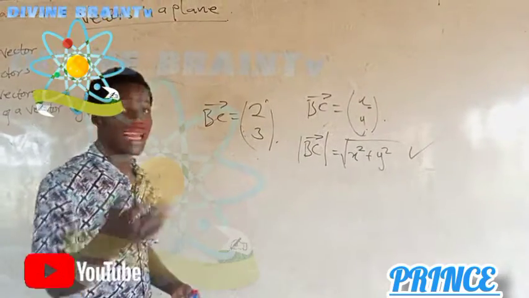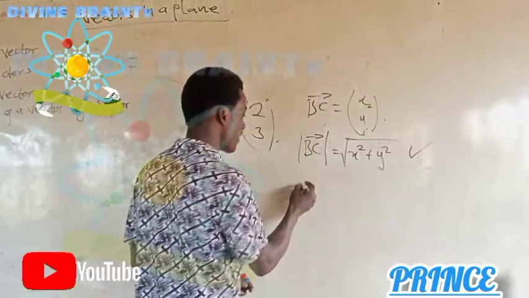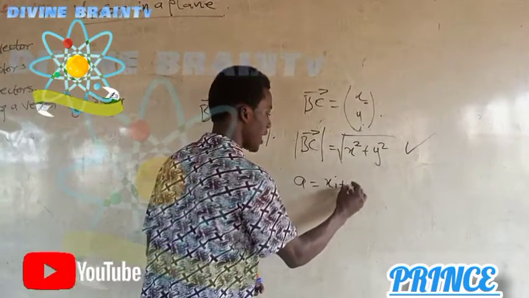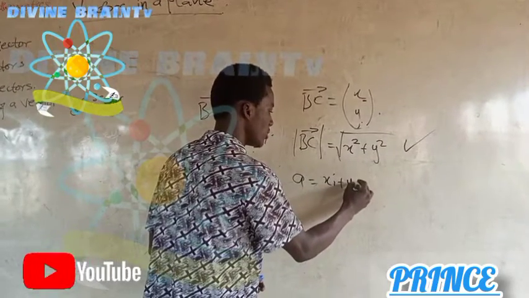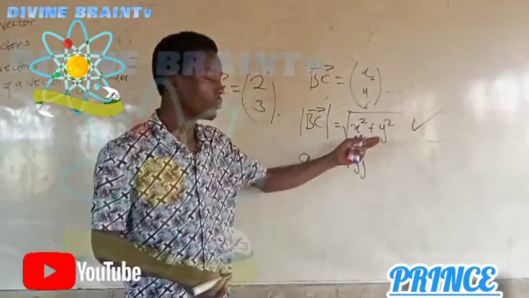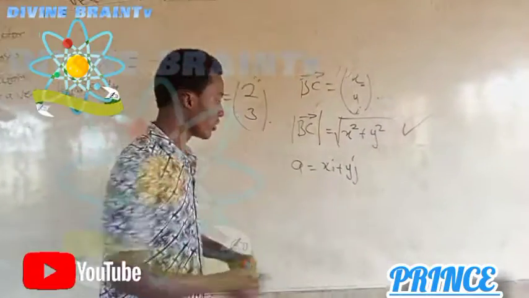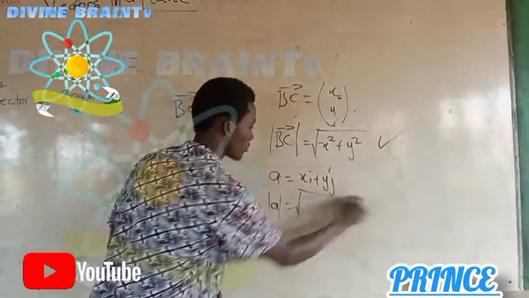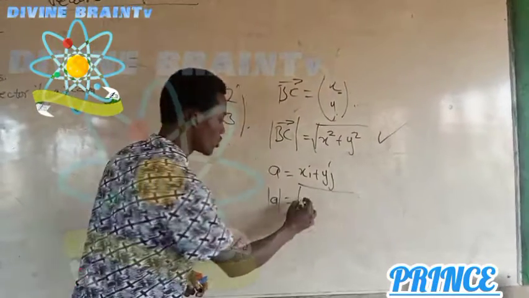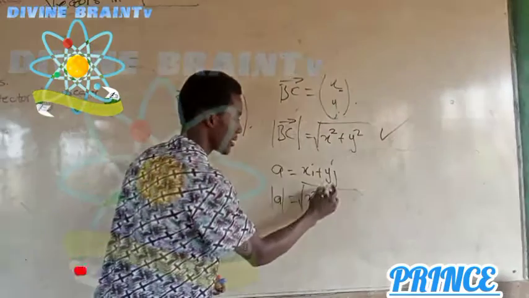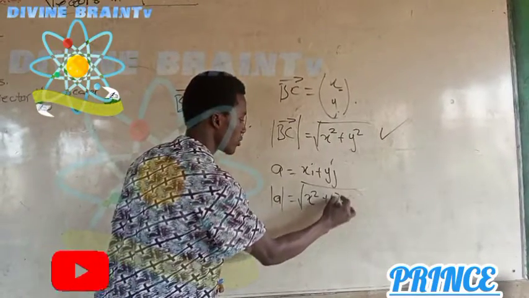In other words, when we give you a vector A equal to xi plus yj and ask you to find the magnitude, it's the same procedure. It's very simple. So the magnitude becomes the square root of x squared plus y squared.